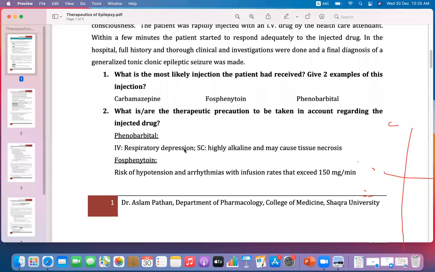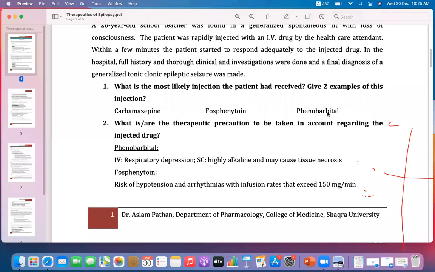Second question: what are the therapeutic precautions to be taken into account regarding the injected drug? As we know, phenobarbital is from the category of barbituric acid, and barbiturates generally depress the central nervous system, and most important is the respiratory system.